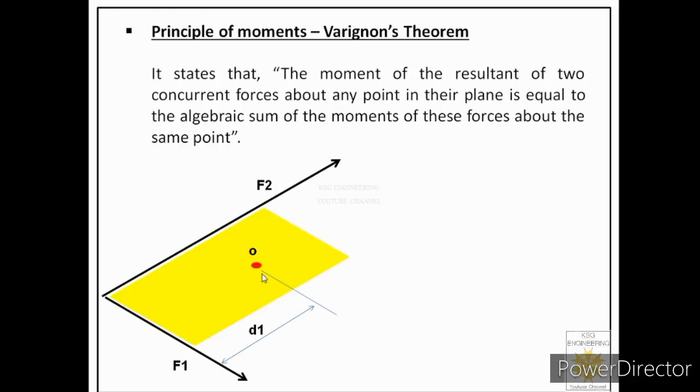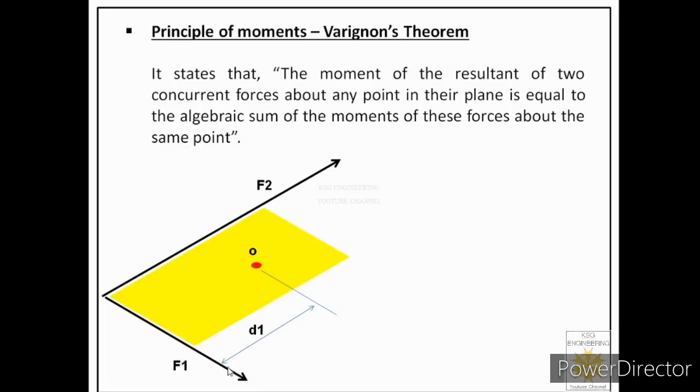So let us first see the perpendicular distance between the moment center and the force F1. For that, from the moment center we have drawn one line parallel to this vector F1.